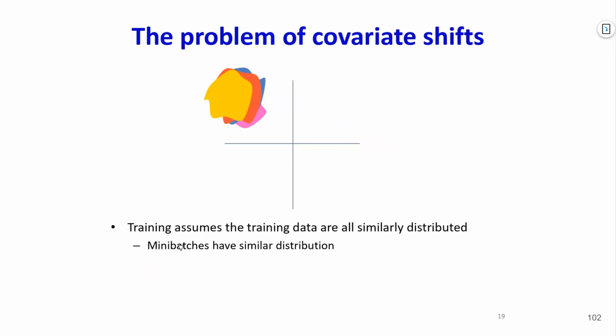And we use the term covariate shift. Training assumes that the training data are all similarly distributed, and mini batches should have similar distributions.